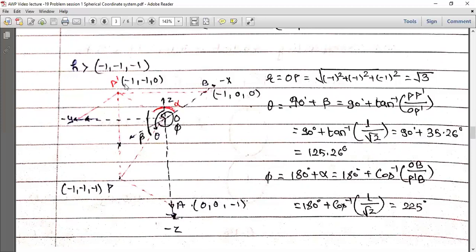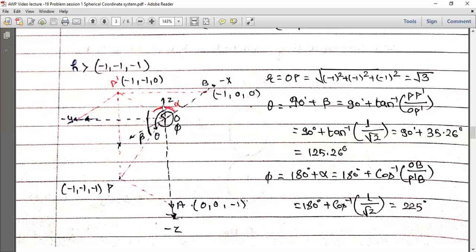To find alpha, we will do the same thing we performed there. We draw the projection from P dash to point B, and the coordinates of point B are (-1, 0, 0).